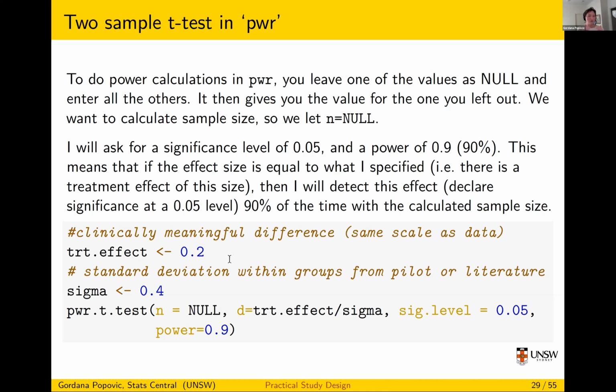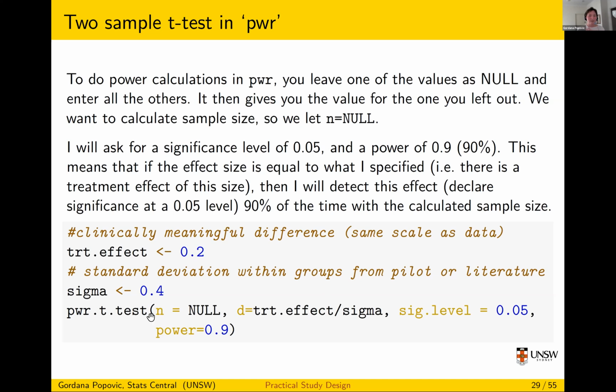So if the difference between groups is 0.2 or more on whatever scale I'm using, maybe heart rate or something, then I consider that clinically meaningful. Then I go to the literature or the pilot data and get an estimate of the standard deviation of the data. I need these two to work out the standardized effect size, which is just a ratio of these two in this case.